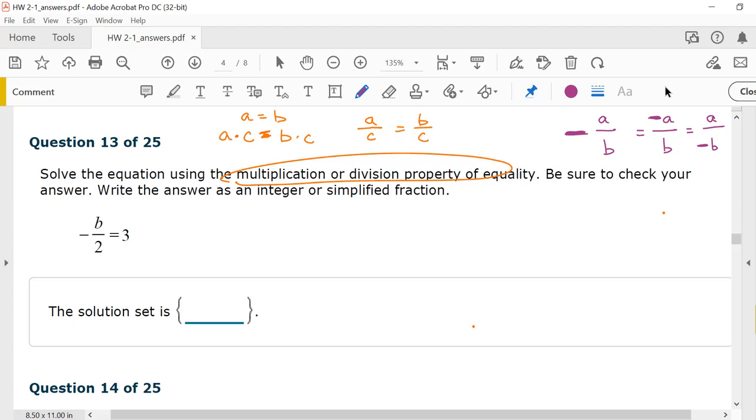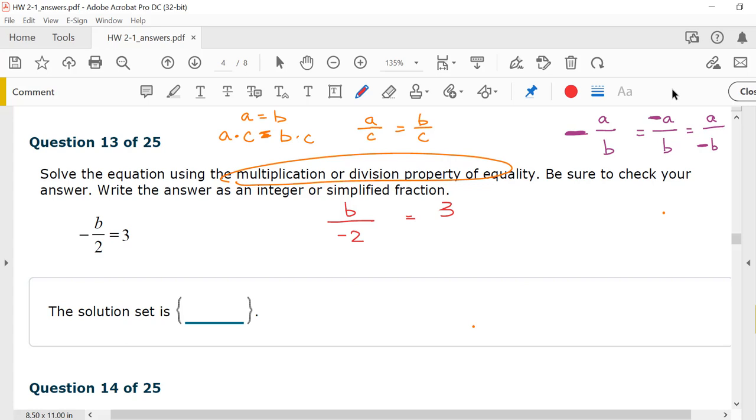It does not matter. So, with that being said, we have the equation negative B over 2 equals 3, and we're supposed to solve for B. So I'm going to write that as B over negative 2 equal to 3.